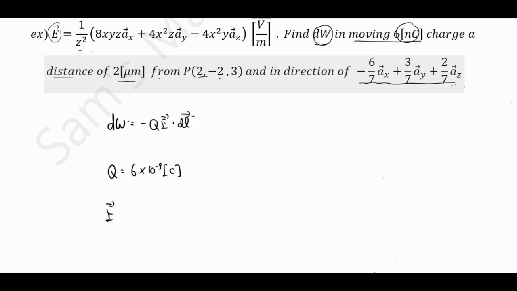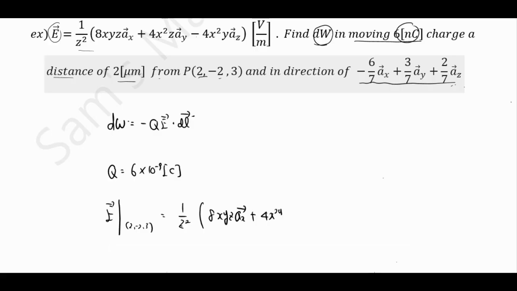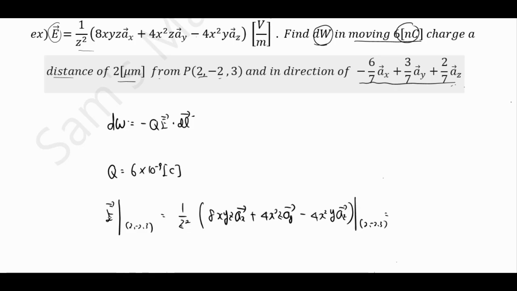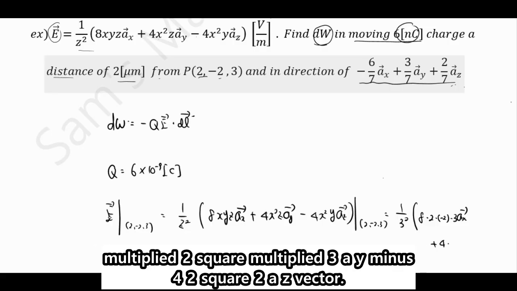E vector at (2, -2, 3) is 1 over z squared times 8xyz a_x vector plus 4x squared z a_y vector minus 4x squared y a_z vector at (2, -2, 3), which is 1 over 3 squared times 8 multiplied by 2 multiplied by minus 2 multiplied by 3 a_x plus 4 multiplied by 2 squared multiplied by 3 a_y minus 4 multiplied by 2 squared multiplied by minus 2 a_z vector.